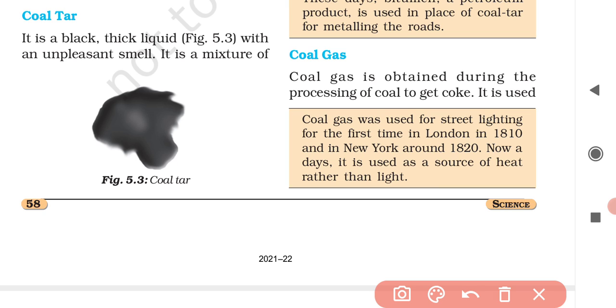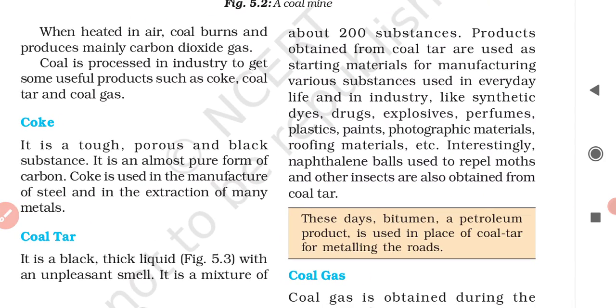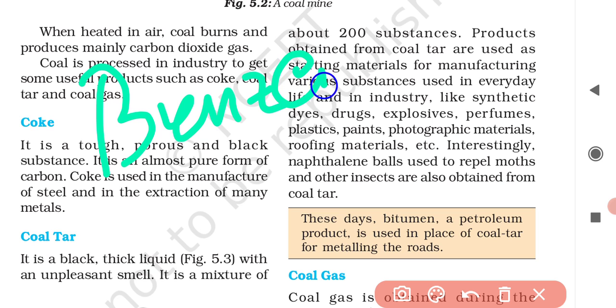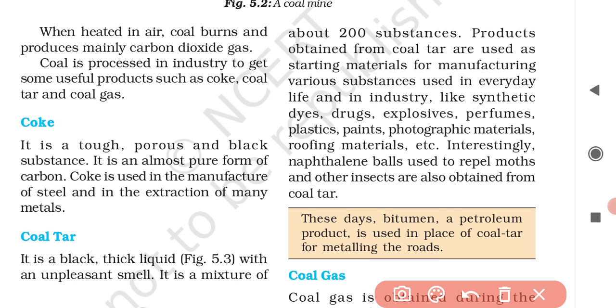Clear? And this coal tar is not a single compound. It is a mixture of about 200 carbon compounds, or organic compounds. The carbon compounds which are present in coal tar are benzene, toluene, naphthalene, anthracene, phenol.